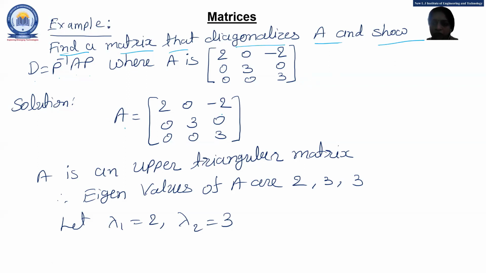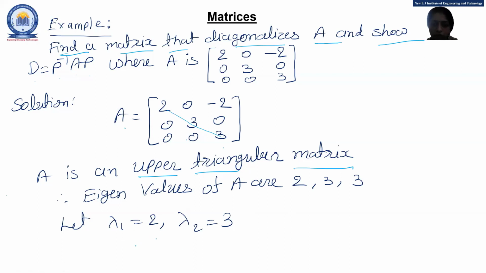But if you see carefully, this matrix A is an upper triangular matrix because all the elements below the main diagonal are 0. Please, students, be careful. When you are given an upper triangular matrix, you can directly write the eigenvalues.